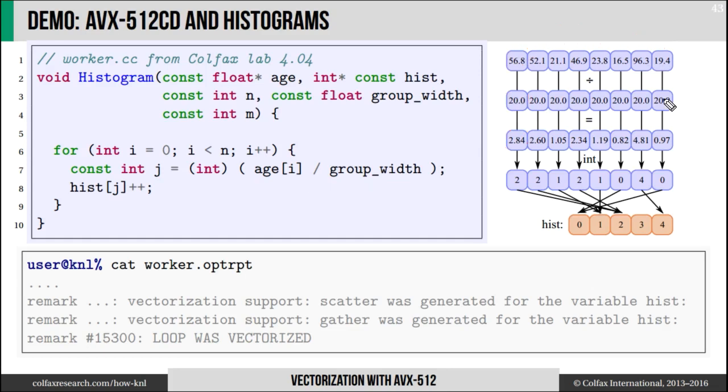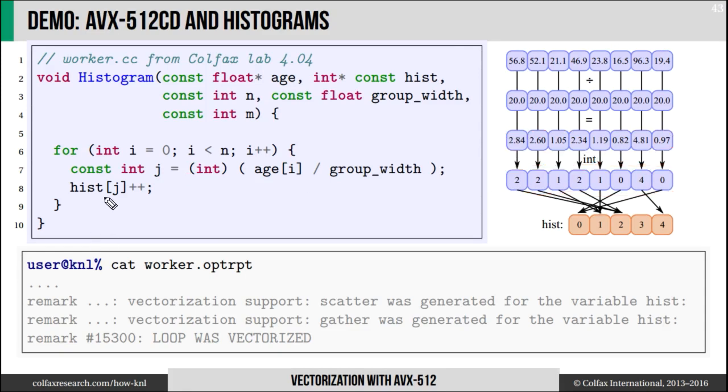The next operation, converting the floating point number to an integer, is also vectorizable. I can take a vector of these numbers, call a vector instruction that converts it to a vector of integers, and this will give me the vector of group numbers.